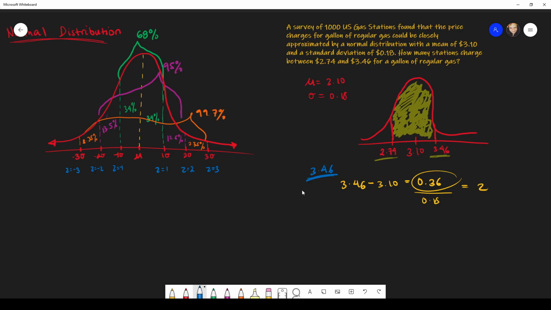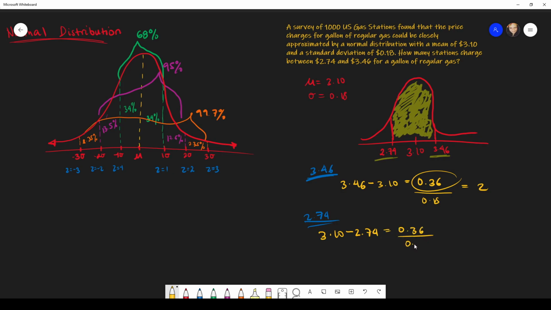Now, let's look at 2.74. Again, we need to find the difference between the mean and 2.74. So that's 3.10 minus 2.74, and that would give us a value of also 0.36.